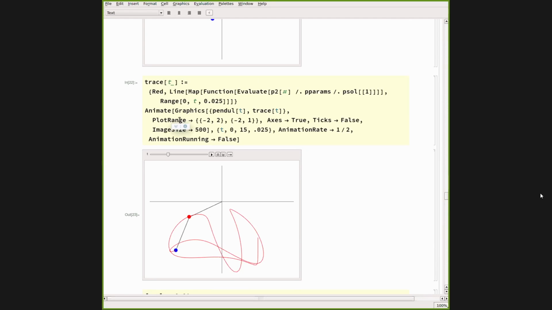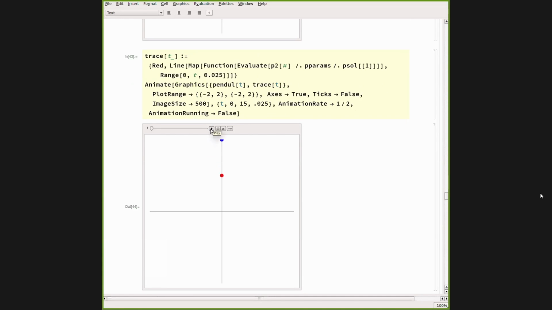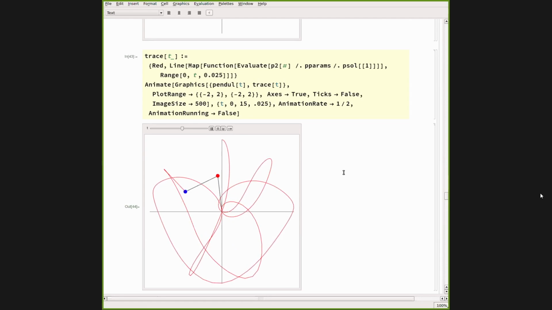So I will change this plot range from -2 to 2. Okay, so we will be able to see the whole pendulum, and let's run it. So for some time it is standing up and then it is falling down. Okay, and you can see that it is rotating once to the left, once to the right, then it is standing up, then it is falling down, and it is behaving quite chaotically.